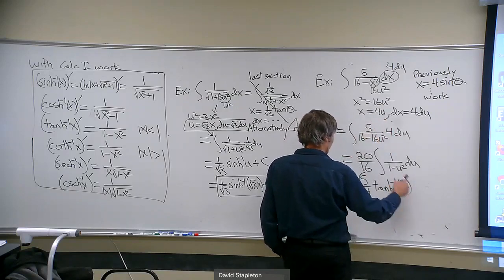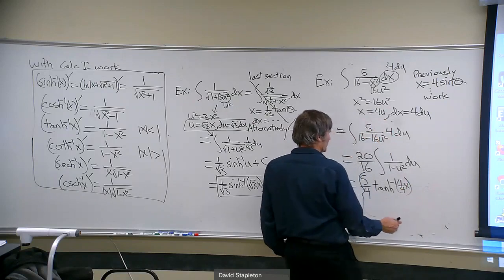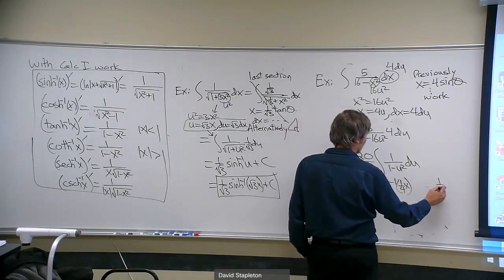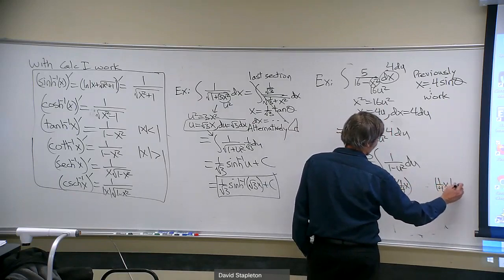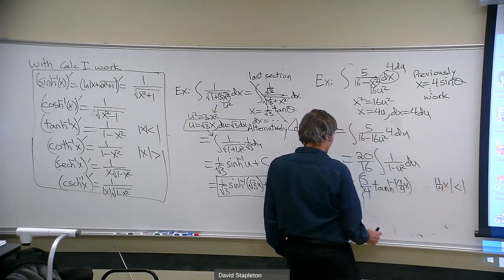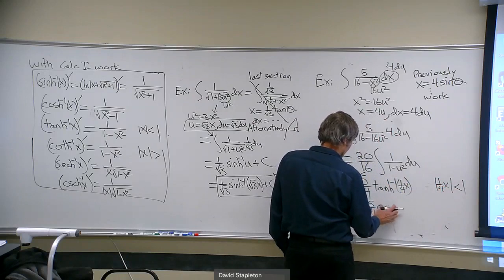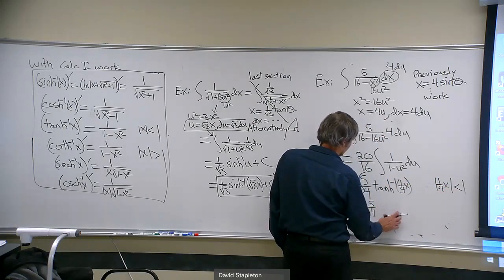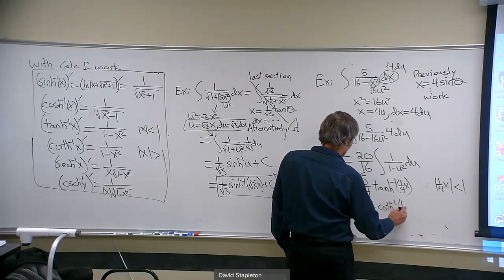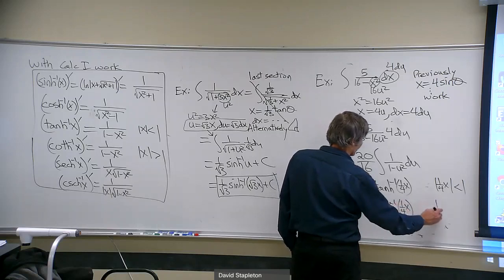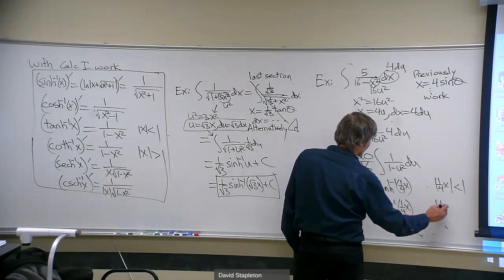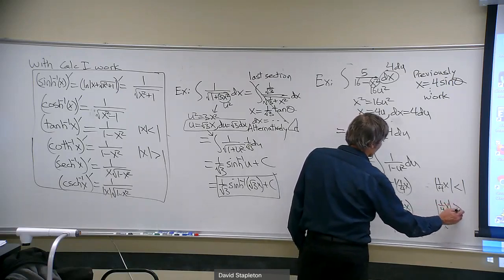And so this is if its argument, 1/4 x, is between plus and minus 1. Let's say the absolute value of that is less than 1. Or you could get 5/4 inverse hyperbolic cotangent of 1/4 x, if the absolute value of 1/4 x is bigger than 1.